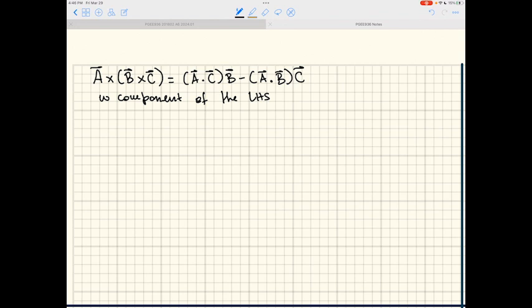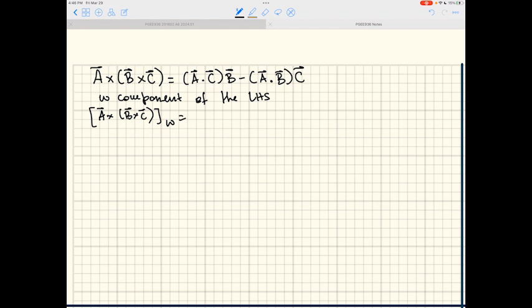So let's say that we have the W component of A cross (B cross C).